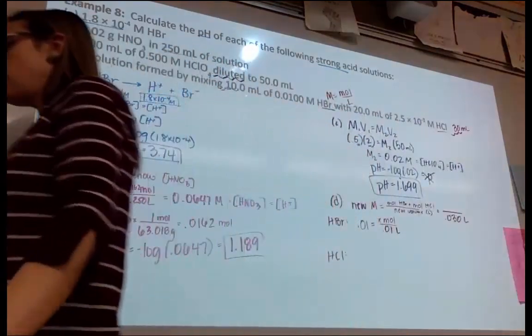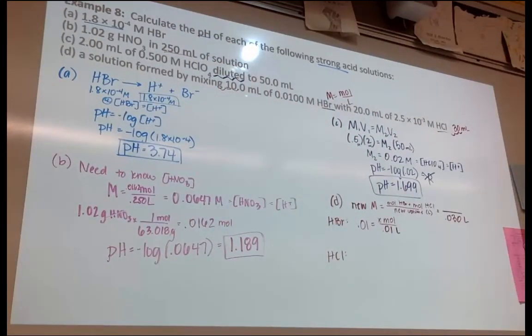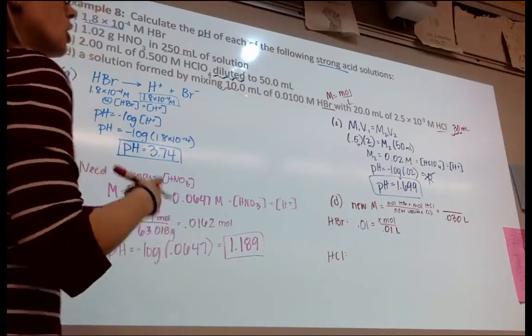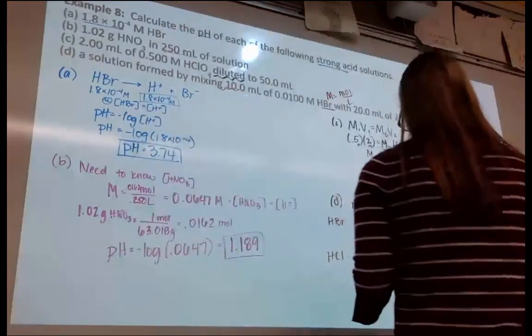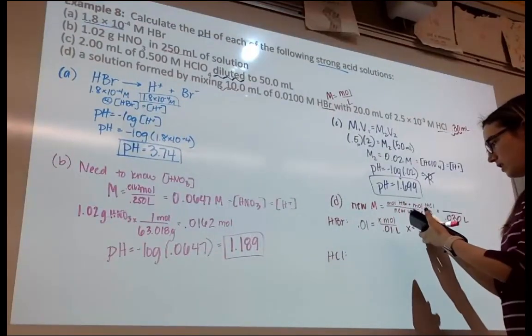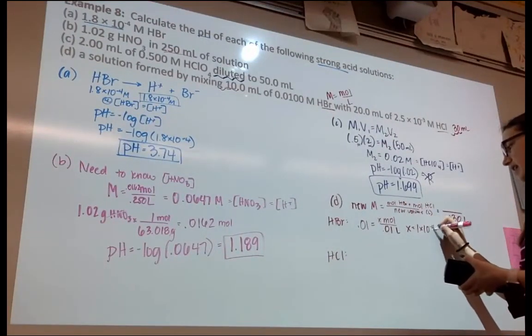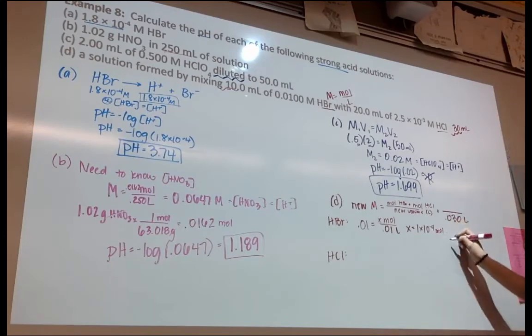So again, what I'm doing right now is figuring out how many moles of H+ are coming from each strong acid. So we have 1 times 10 to the negative 4th moles of HBr, which is equal to moles of H+, because it's a strong acid.